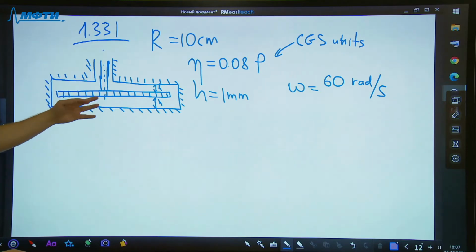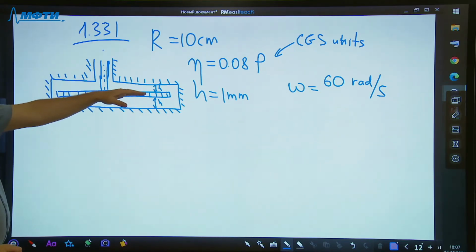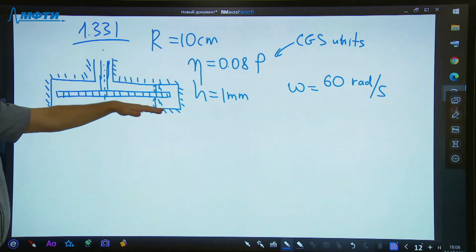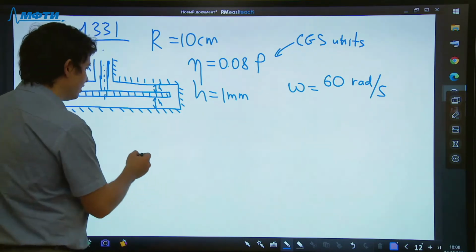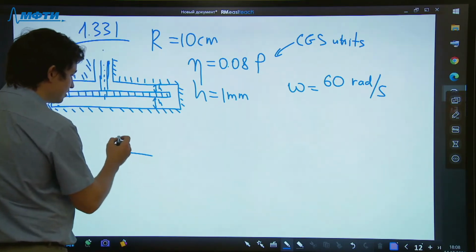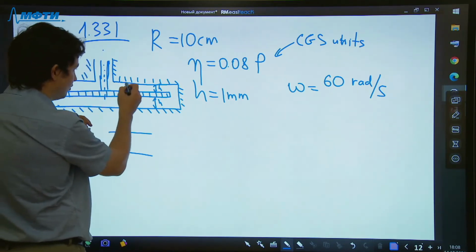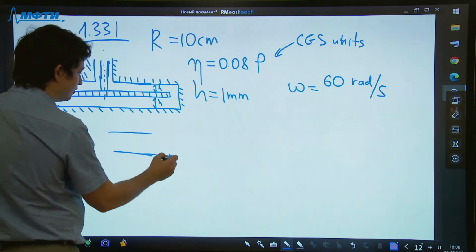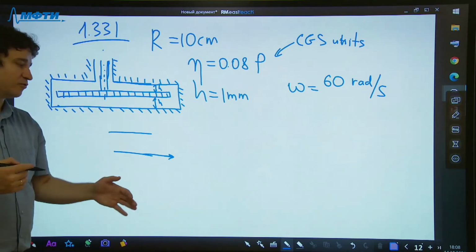So the disk is a moving part, while the vessel is at rest. That means any moving part of the disk and unmoving part of this cavity form a condition which was discussed during the lecture, of Couette flow.